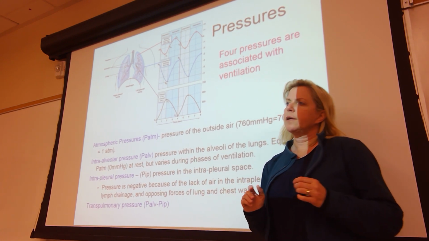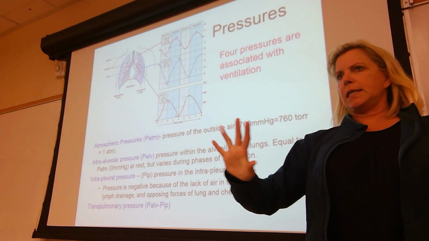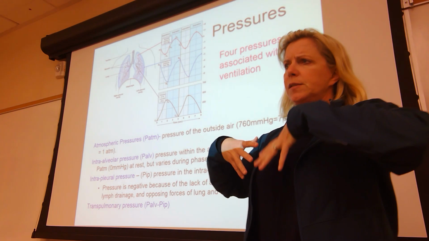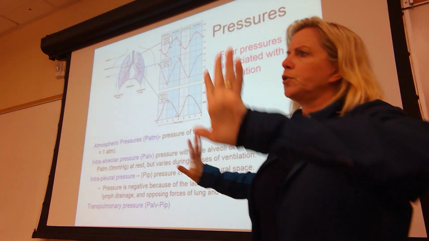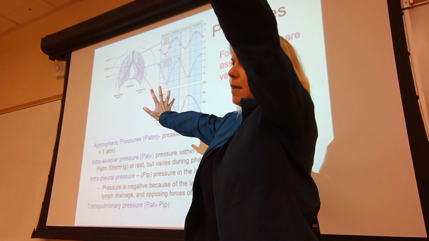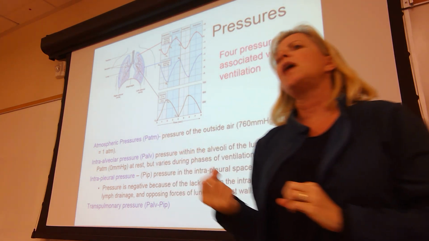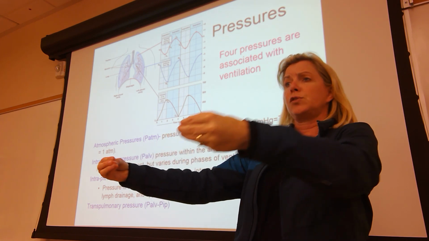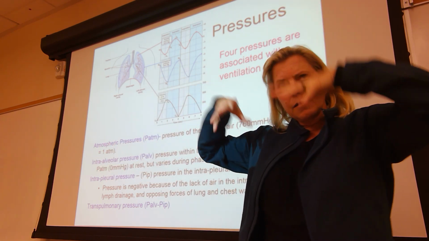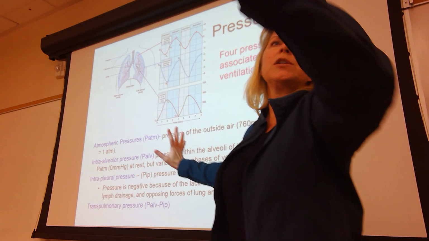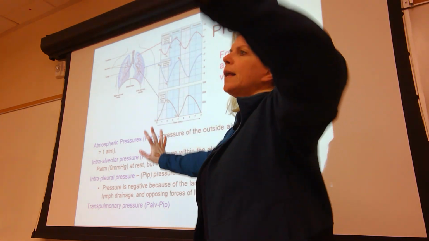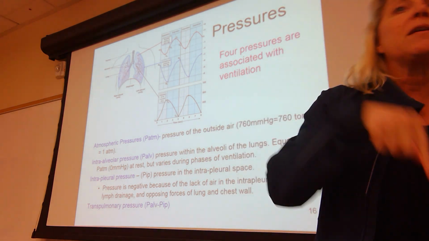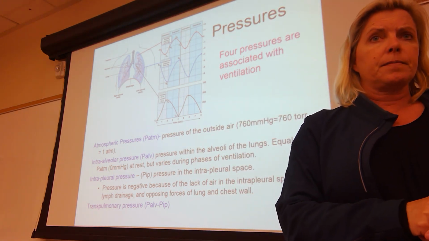The transpulmonary pressure is your distending pressure. Think of a little person inside your lungs trying to push your lungs open from the inside. That's a lot like my balloon analogy where I said, everyone take a piece of the balloon and let's stretch it. Think of someone inside your lungs pushing your lungs open, creating the volume change, which is required before you have a pressure change, before you get flow.